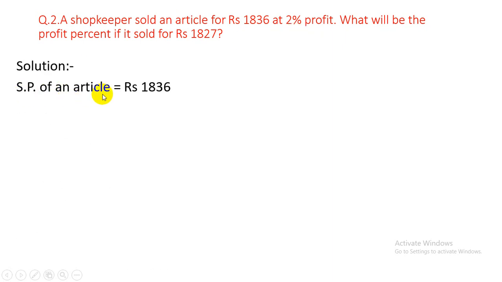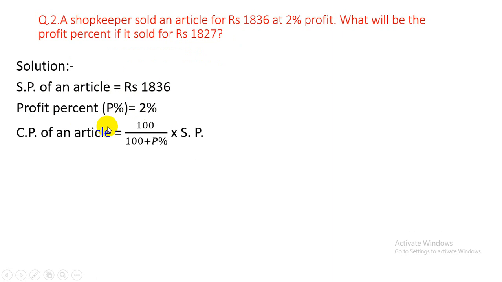SP of an article is equal to Rs 1836. Profit percent, P percent, is equal to 2%. CP of an article is equal to 100 by (100 plus profit percent) into SP. 100 by (100 plus 2), this profit percent is given as 2, into 1836.